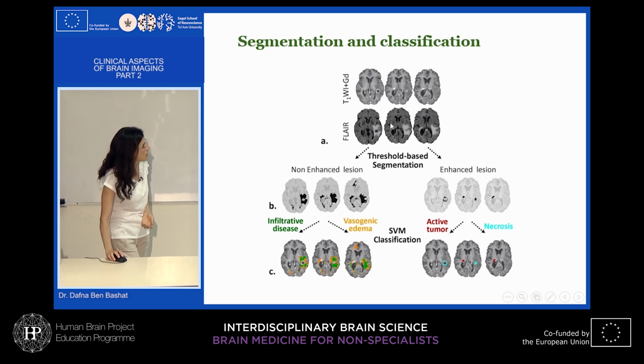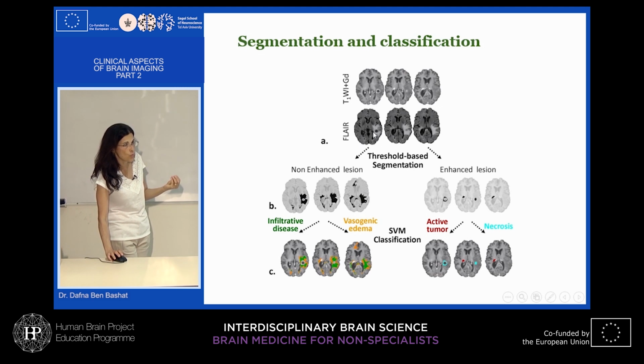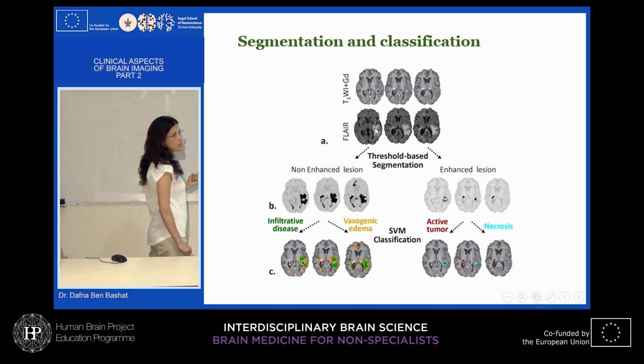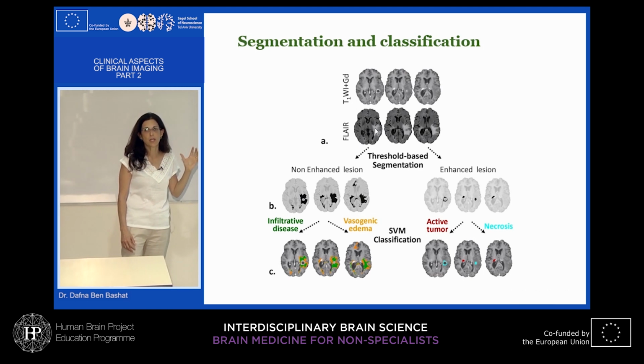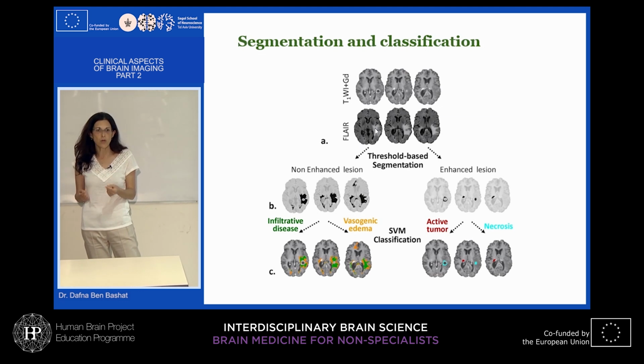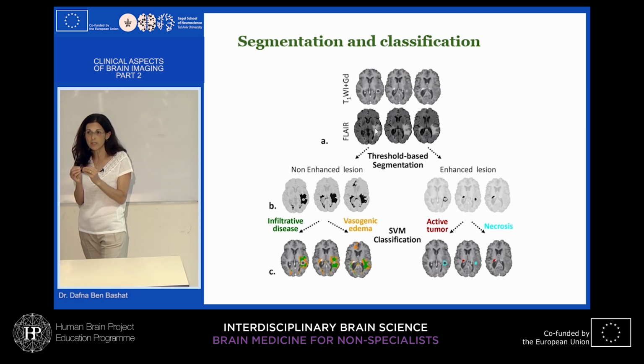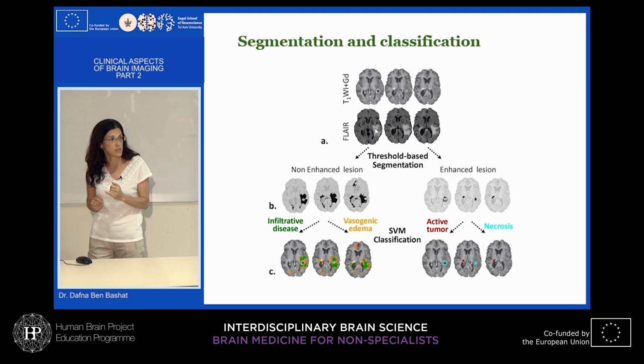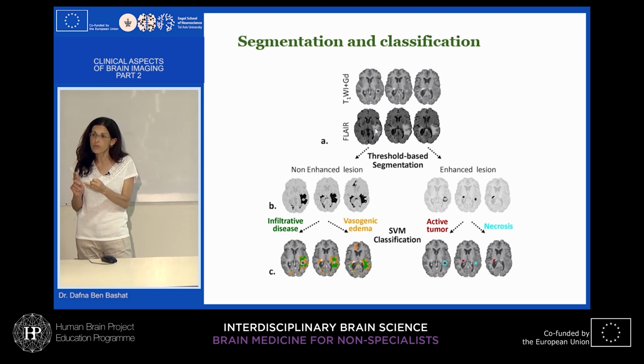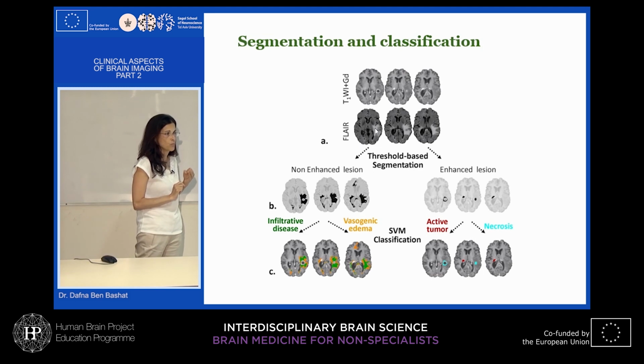Because if you have an area like this, which is bright on a specific sequence, it can be just edema, just water, or it can be infiltrative tumor. By one method alone, we cannot say. Radiologists, based on conventional imaging, cannot say. If we understand that an infiltrative tumor changes the cell compartment, then diffusion will give us information. And if we understand that malignant tumors need angiogenesis, then cerebral blood volume will increase.